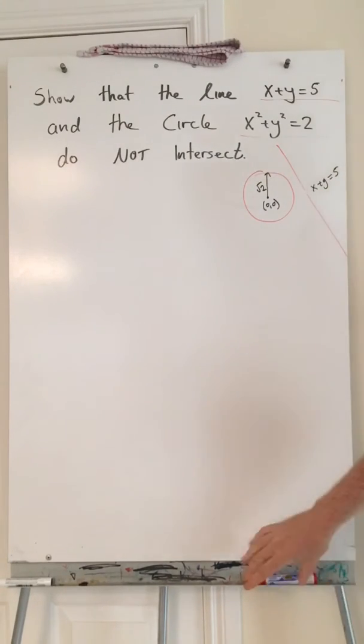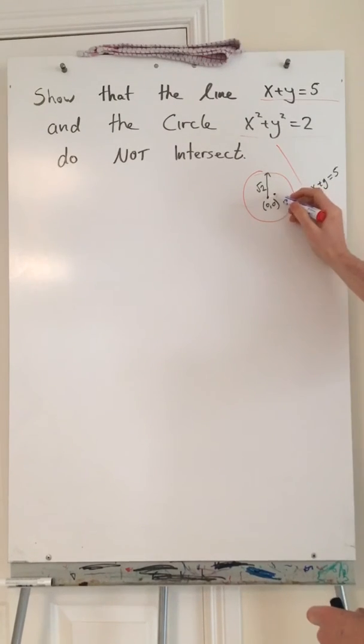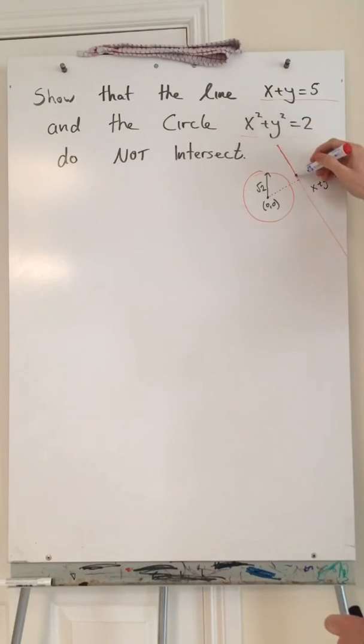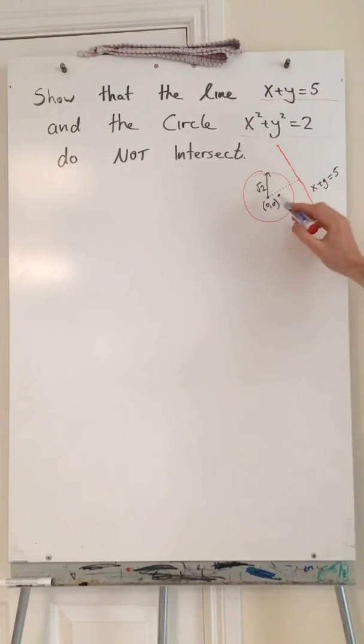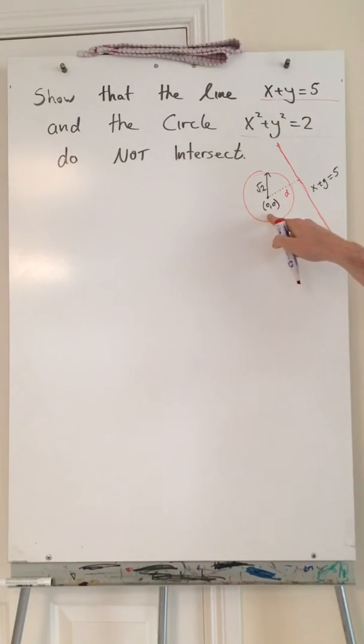So another way of doing this is, if I was able to find the distance between this point and this line, and if that distance, I'll call it d, was bigger than the square root of 2, then it would mean that the line does not touch the circle.